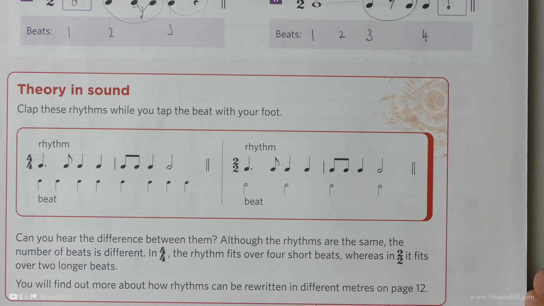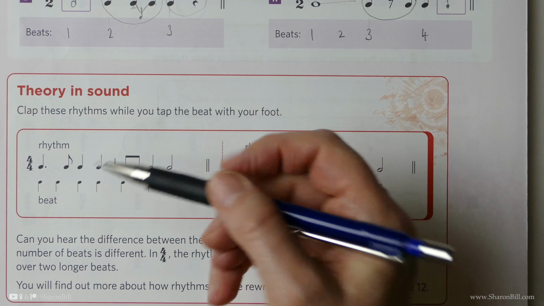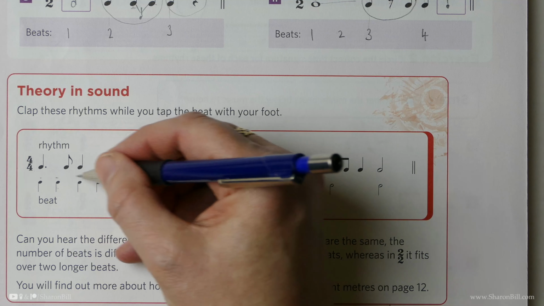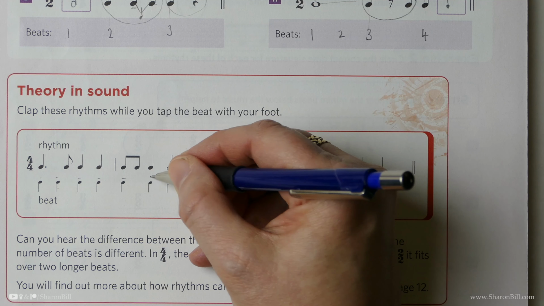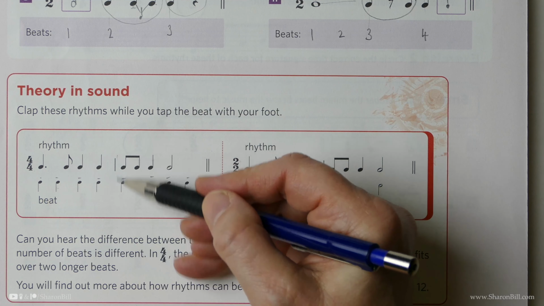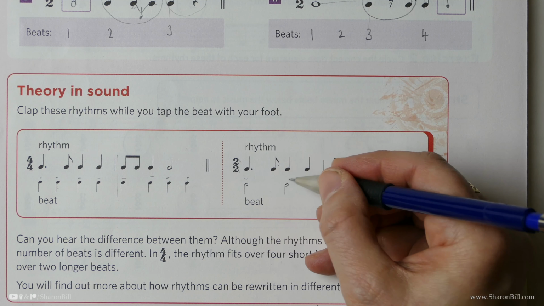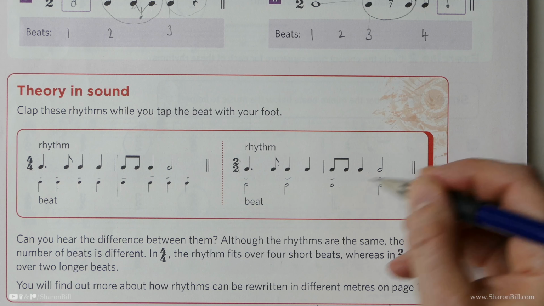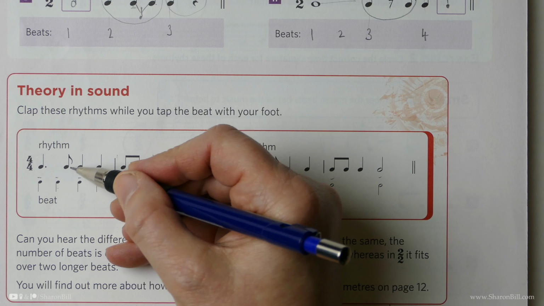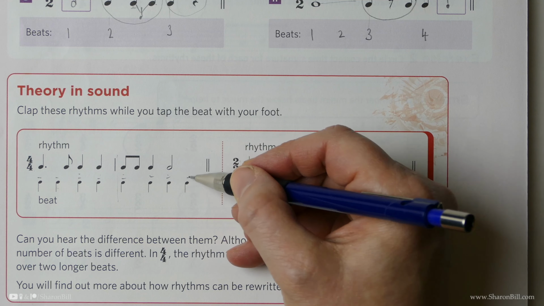And so we can see here these rhythms are exactly the same, but here we're counting 1, 2, 3, 4. 1, 2, 3, 4. That's our pulse, kind of 4 clicks per bar. Whereas here there are only 2 clicks per bar. 1, 2, 1, 2. So 1, 2, and 3, 4. 1 and 2, 3, 4.